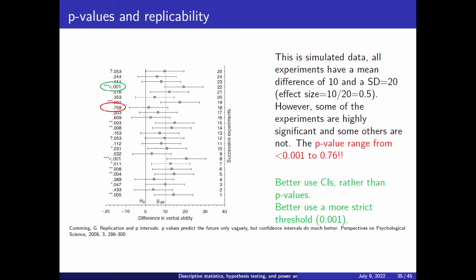And there are two readings or two consequences of this kind of simulations. One is that we see that the confidence intervals are much more stable. So we see that even in the cases where we cannot reject the null hypothesis, so even this one here, the confidence interval contains 0, so it could be that the null hypothesis is true, but we see that most of the confidence interval is shifted to the right.